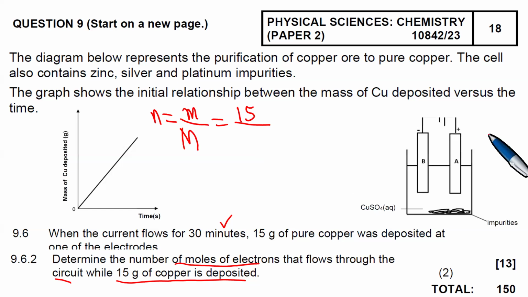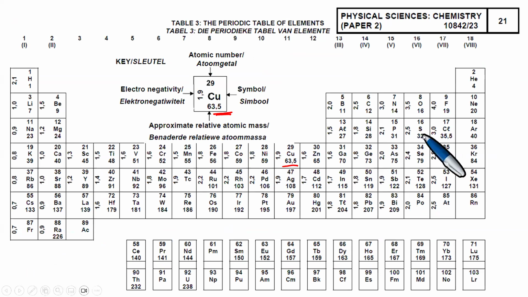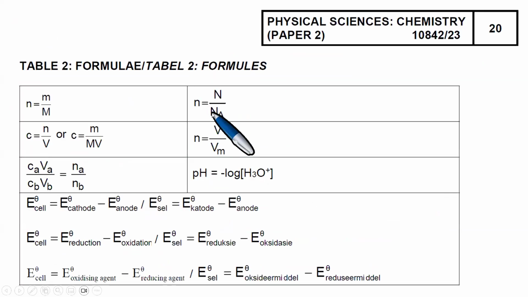Next, then over the molar mass of copper. What is the molar mass of copper? We just read it out and we can check it again. The molar mass of copper, Cu, is 63.5.